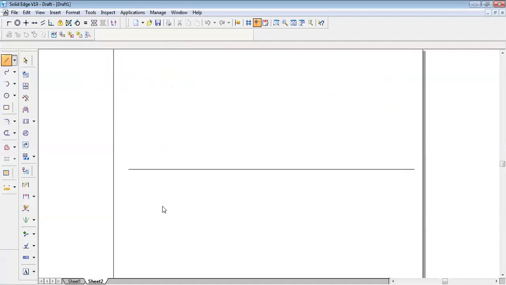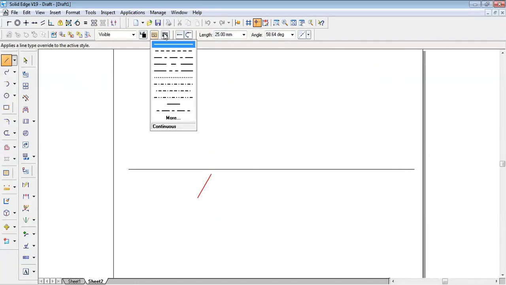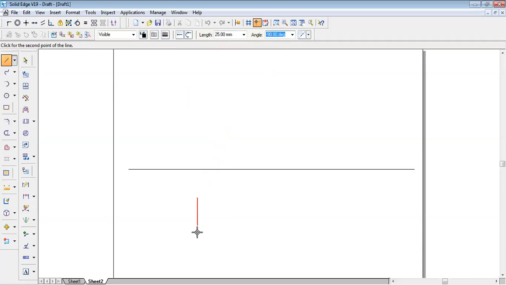For the pentagon, the inside angle will be 108, or you can draw with 72. First draw a 25 line. Next draw two lines like this by adjusting.